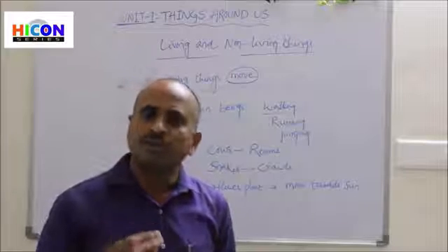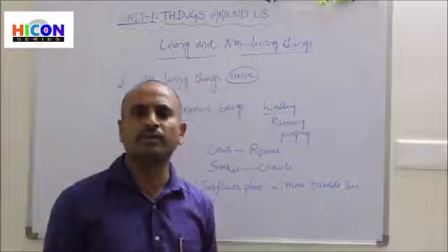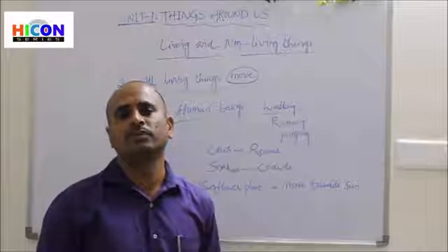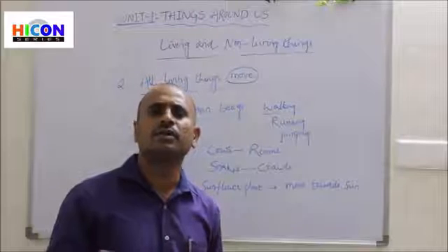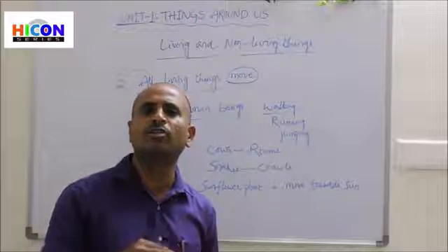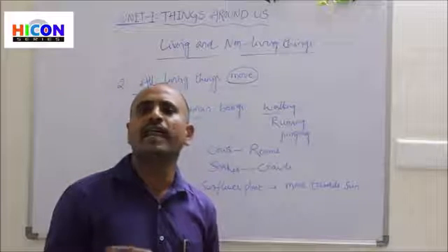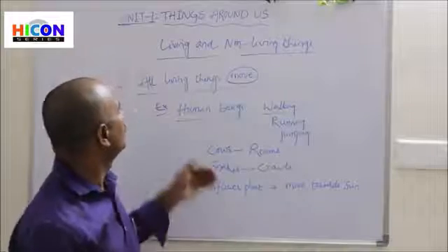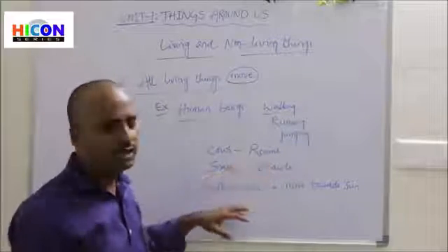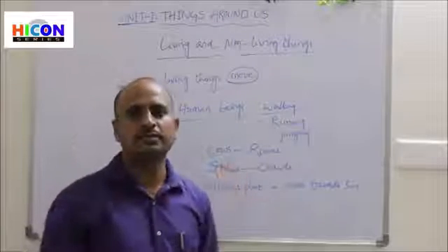If any vehicle wants to move, we have to drive it. Any lorry, bus or jeep cannot move by itself. It will move if it has a driver in it. So in this way, all living things will move, whereas non-living things do not move. So this is the second characteristic.